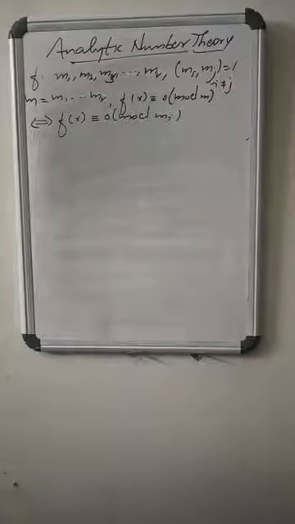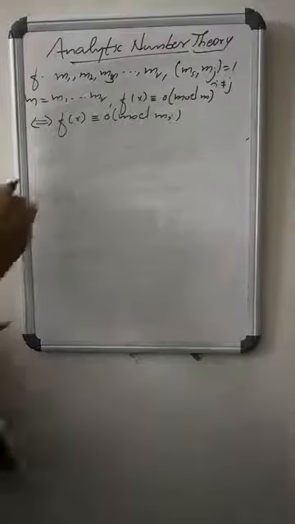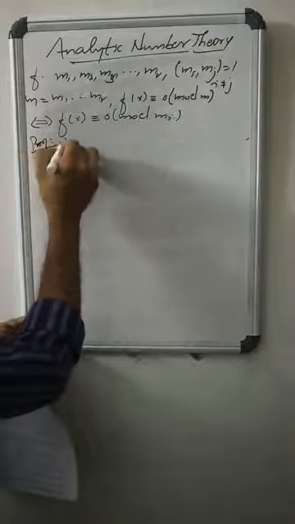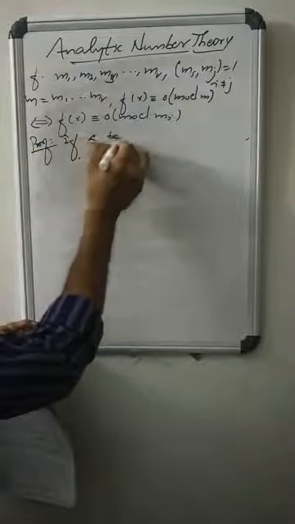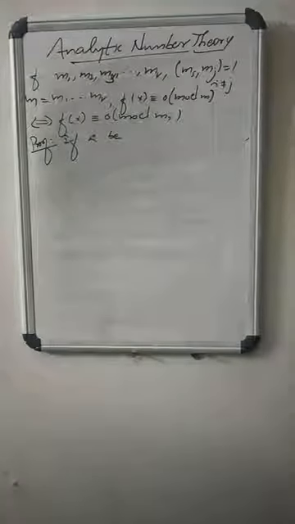How to prove this? The proof is according to the Chinese remainder theorem; it is nothing but an application of it. First suppose that f of x congruent to 0 mod m has a solution.